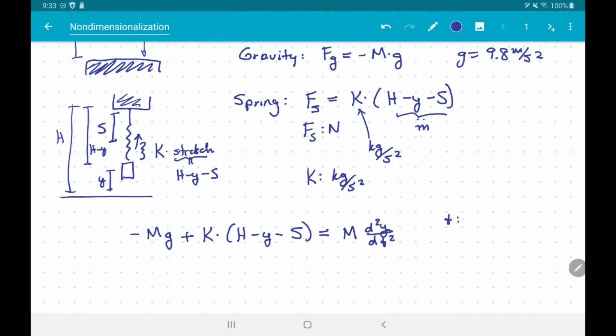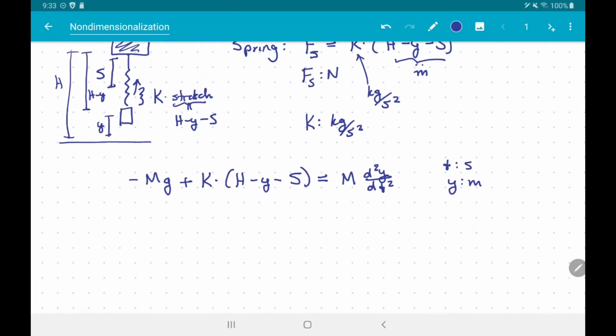So t is in units of seconds, and y is in units of meters. Now if you look at this, there's a lot of stuff going on. There's five different constants with different units, and there's one dynamic variable and one independent variable. And looking at the equations of motion this way kind of obscures what's going on. So here's what we can do about this.